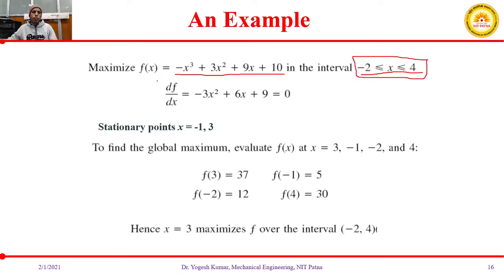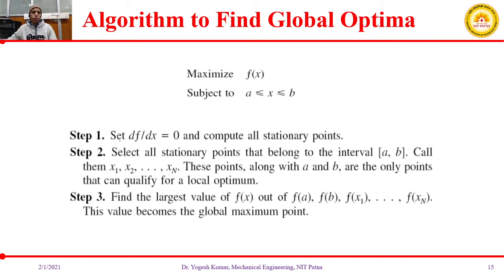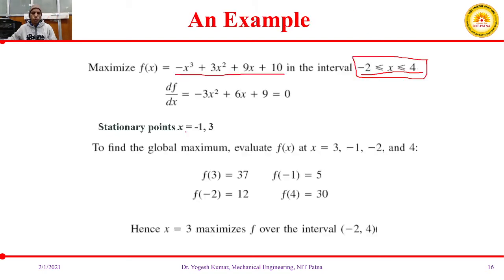So what is the first step? According to the first step, we are supposed to calculate the first derivative and set it equal to 0. As soon as we take the first derivative, it comes minus 3x squared plus 6x plus 9 equal to 0.